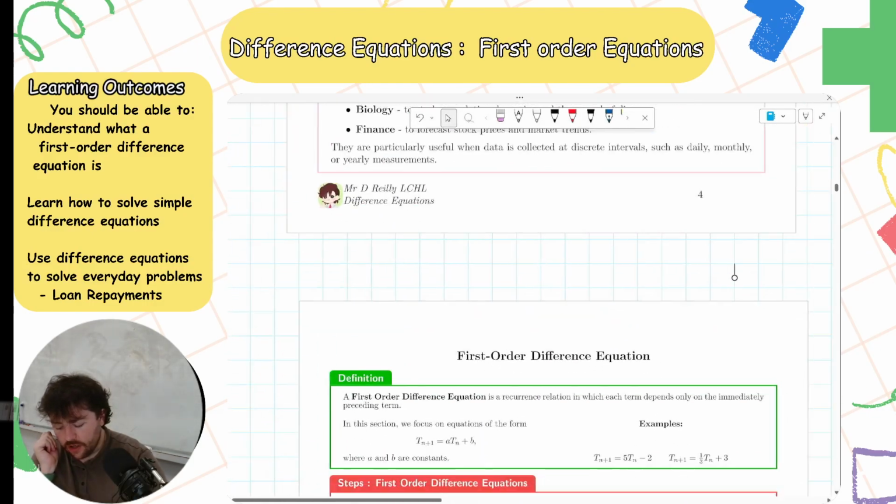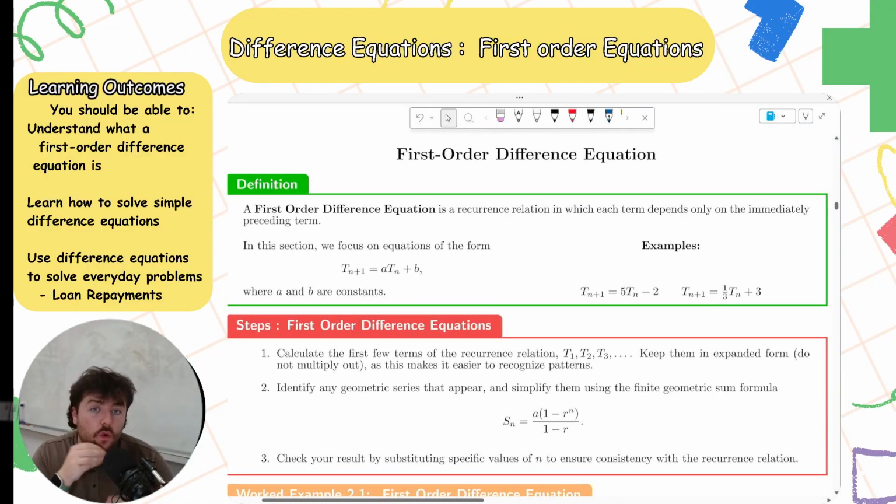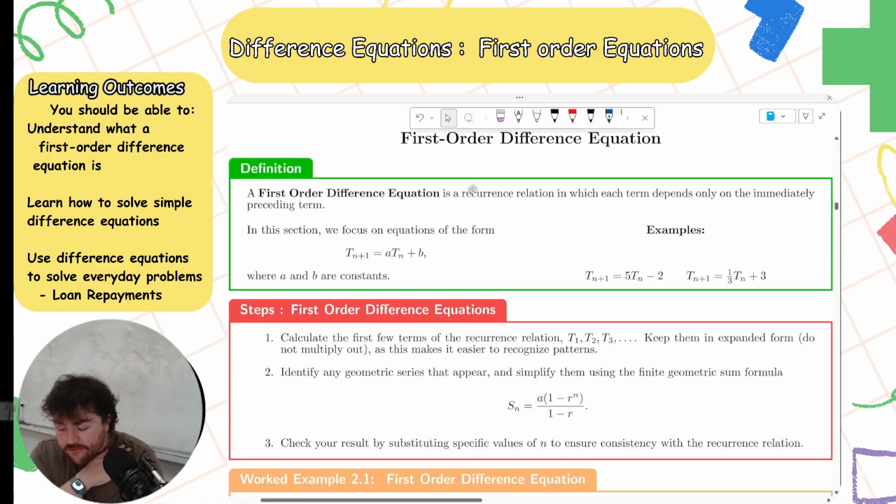So let's have a look at first order difference equations. A first order difference equation is a recurrence relation in which each term depends only on the immediately preceding term. So it's only based on the previous term.